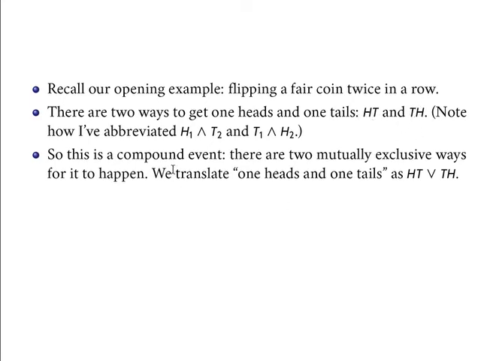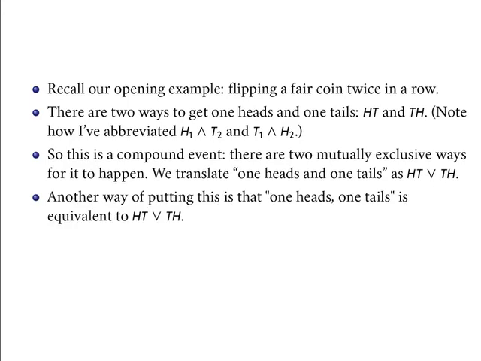So another way to put this is that we translate one heads and one tails as HT or TH. That is to say that when we're asking about the proposition that we get one heads and one tails regardless of the order, the way we formalize that is we're asking about the proposition HT or TH. And another way of putting this is that one heads, one tails is simply equivalent to HT or TH.